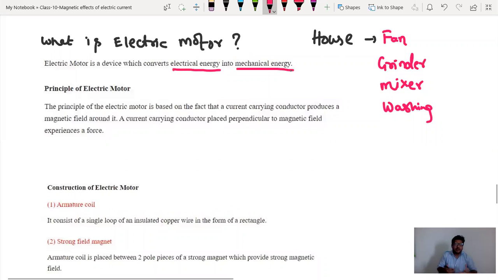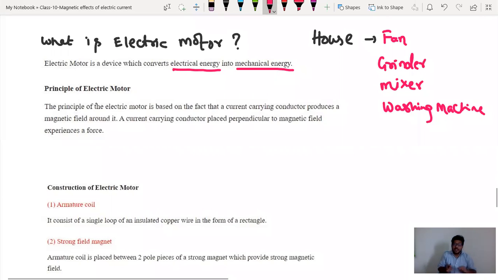Mechanical energy will do different works. Fan, if you see, that will rotate and it will give us cool air. Grinder, it will grind. Mixer, it will make some powder or something. Washing machine, it will wash our clothes. Everything we can find, isn't it? So electric motor is a device which converts electrical energy to mechanical energy.